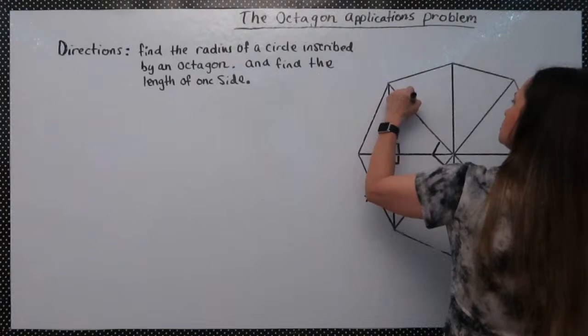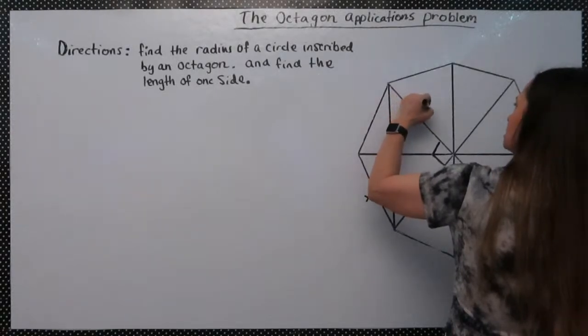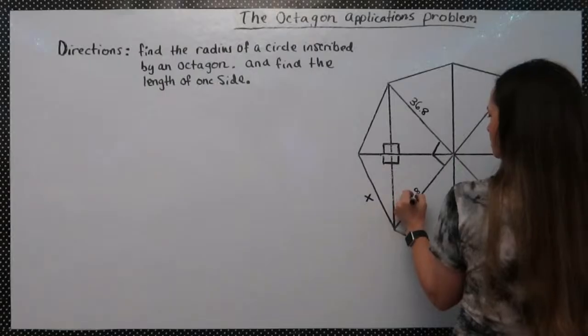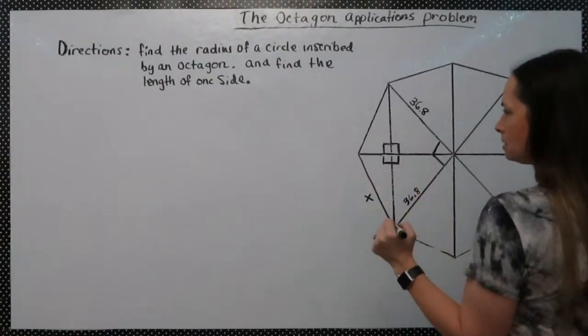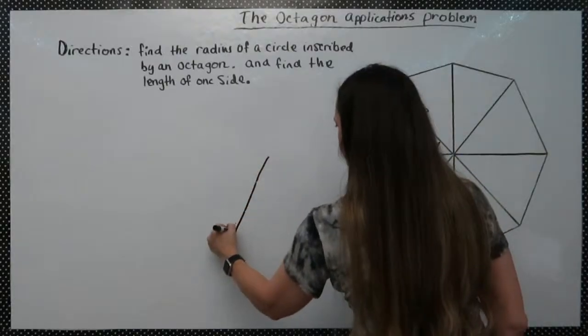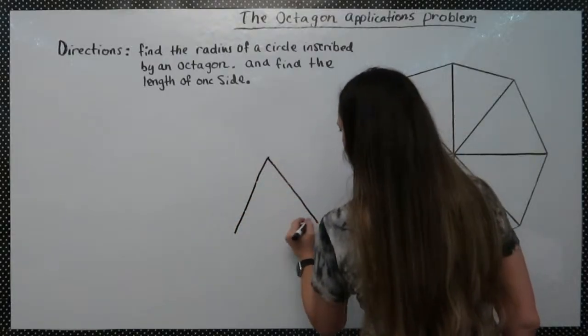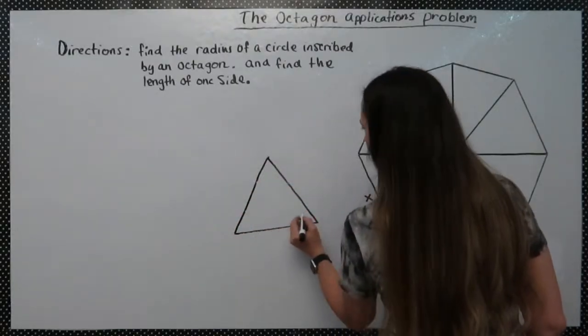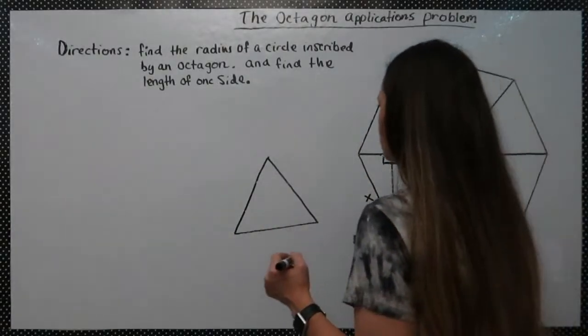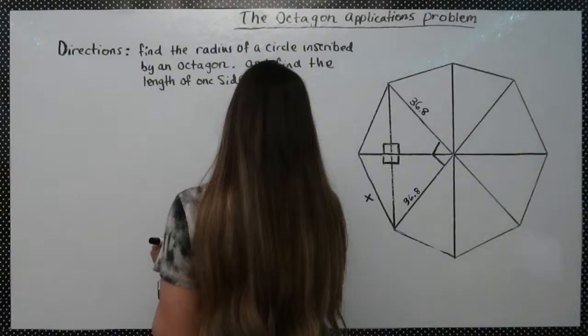I know the two sides, so 36.8 and 36.8. So I have this triangle here, which is basically a right triangle with two congruent sides. Then that means that it's a right isosceles.